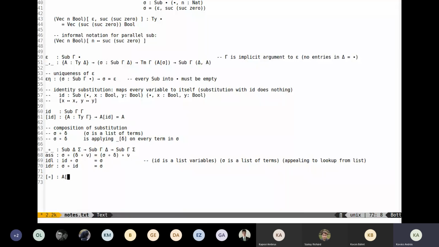So if I have a type and I substitute it with a composite substitution, then it's the same as performing two substitutions one after another. And here in this notation we have parentheses like this. So we have a sigma, and then we are doing substitution with delta.